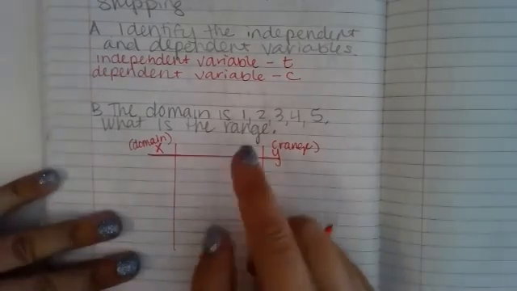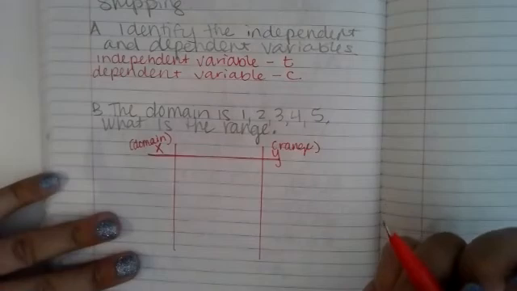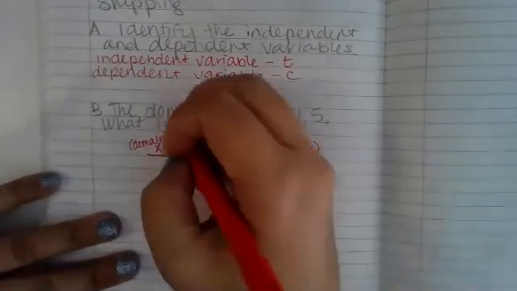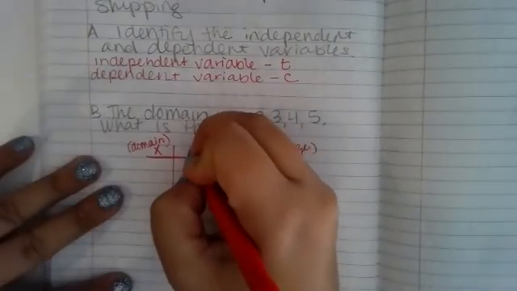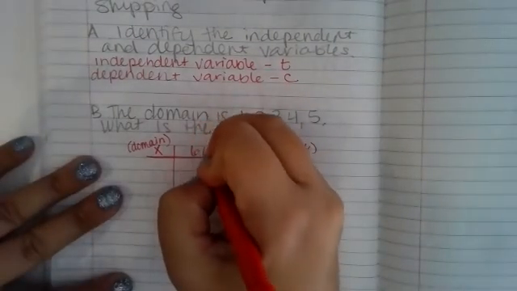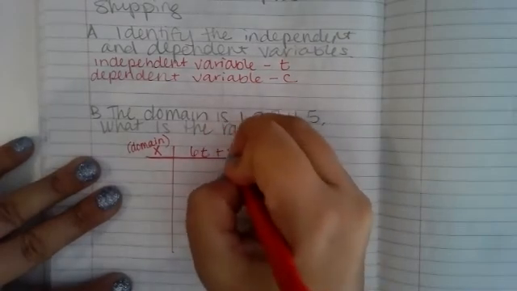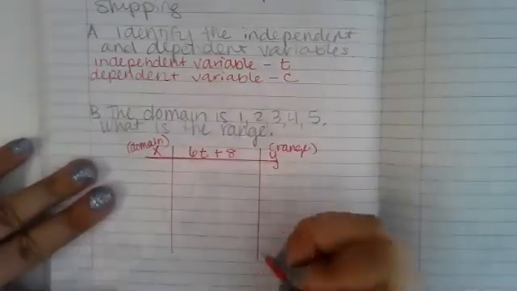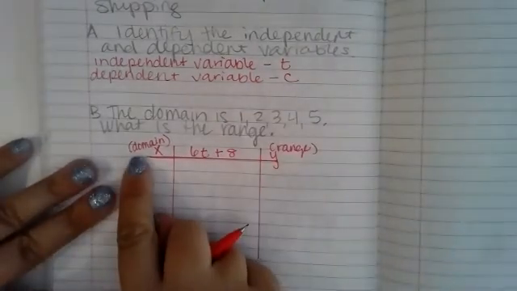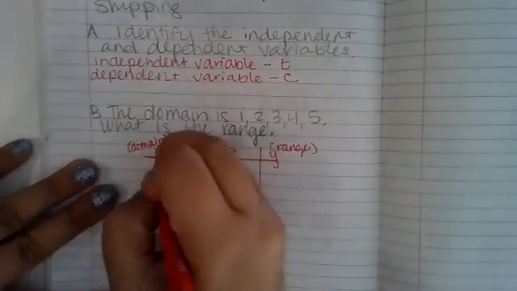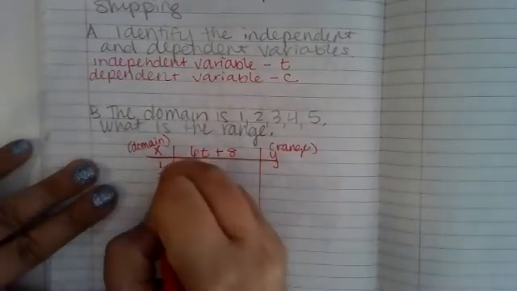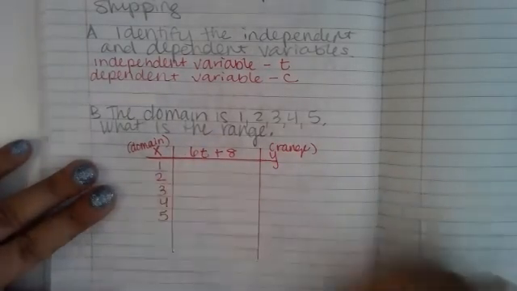So my equation here should be 6t plus 8. My domain was given to me in this problem, so my domain is 1, 2, 3, 4, 5.